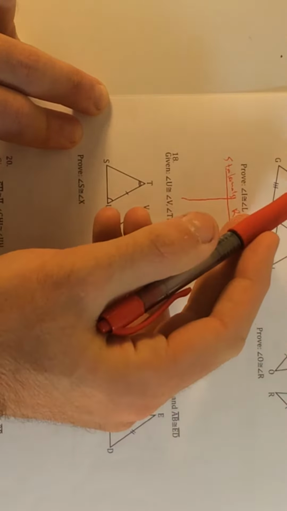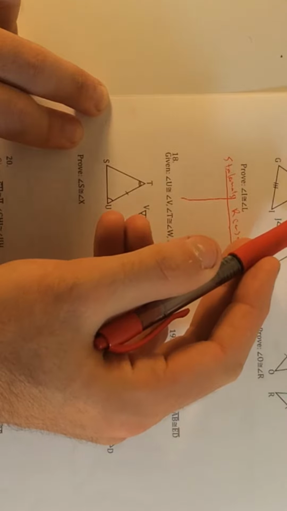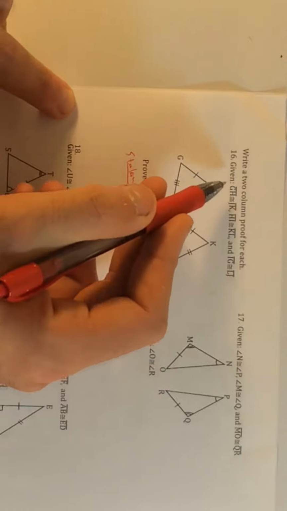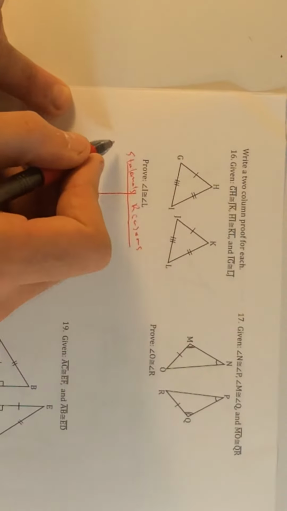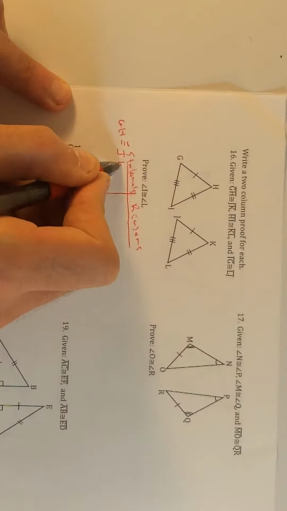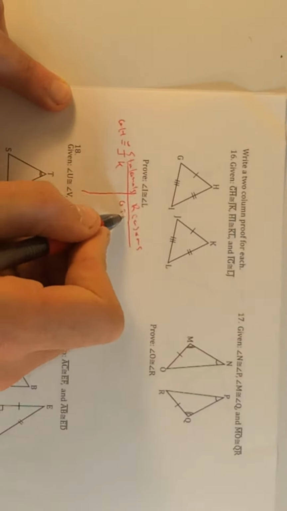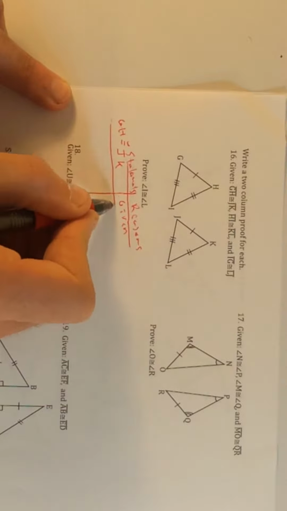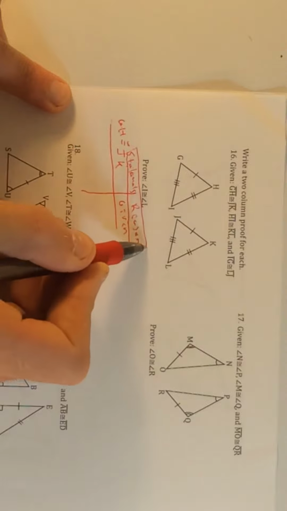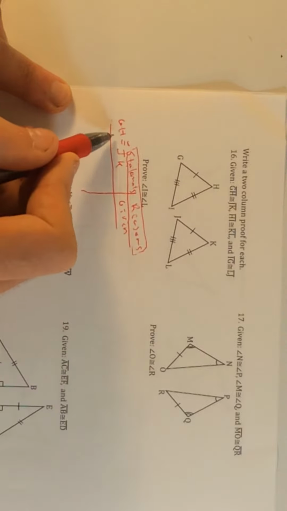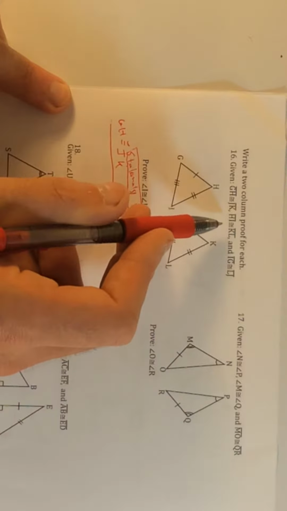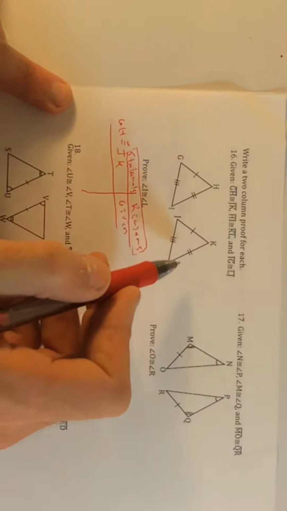Okay. So given GH is congruent to JK. So for 16, it says given GH is congruent to JK. So GH is congruent to JK, and the reason is it's given. Okay, that's our first line. HI is congruent to KL.